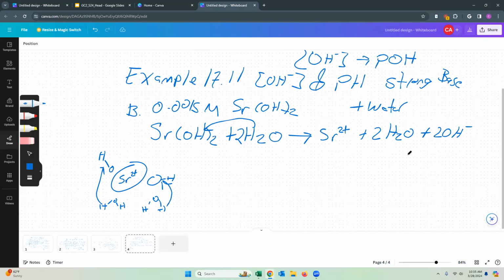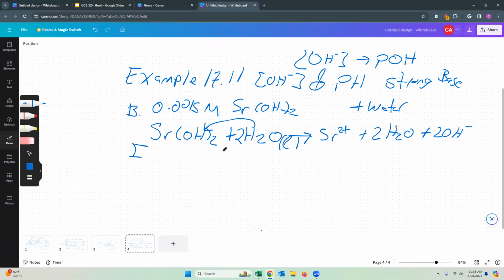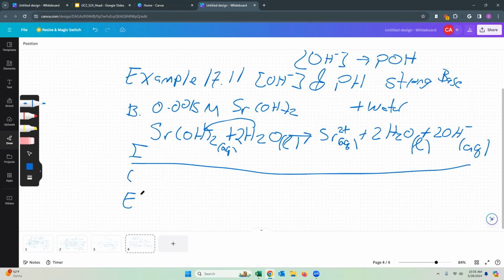Right? And remember, I want to figure out what this OH concentration is. So it's a strong base, but we could use an ICE table if we wanted to. So let's do that because I'll show you what is going on. Let me write my state symbols: liquid, aqueous, aqueous. ICE.